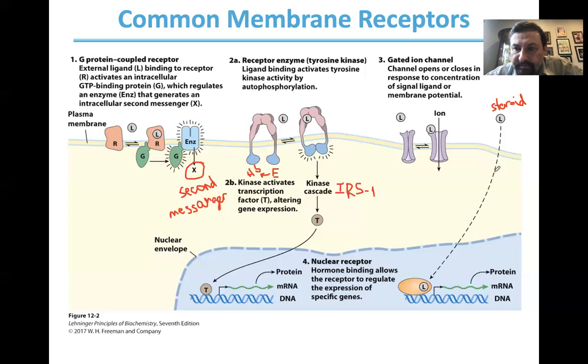They can cross the membrane by themselves, go straight across the nuclear membrane as well. So they have to cross the plasma membrane, nuclear membrane, go towards the nucleus, bind to some kind of transcription factor. So this will be a transcription factor.